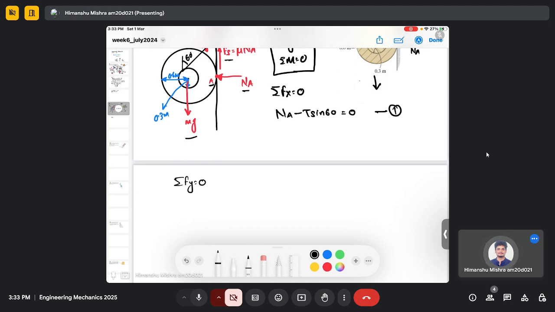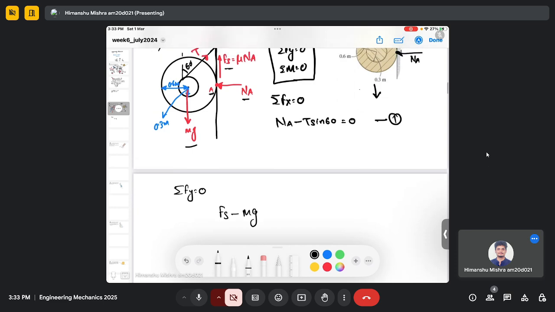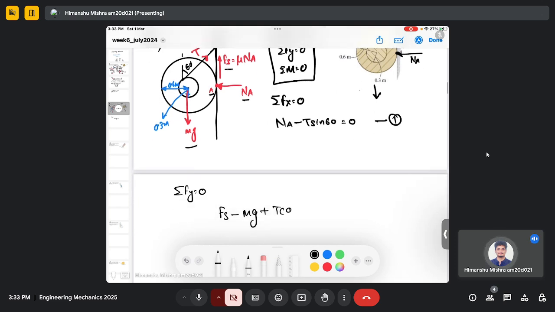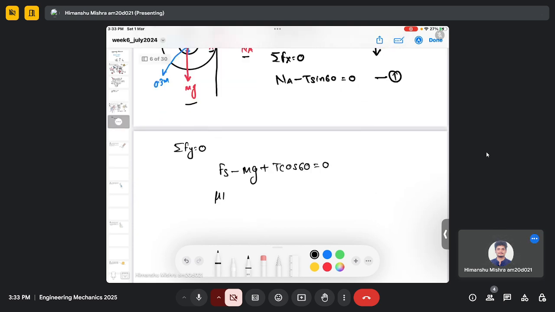So there will be Fs minus mg plus T cos 60 equals 0. So my Fs is mu Na minus m, which is 50, times g, plus T cos 60 equals 0. So here we have to determine this mu, but we can see that Na and T are also unknown quantities.